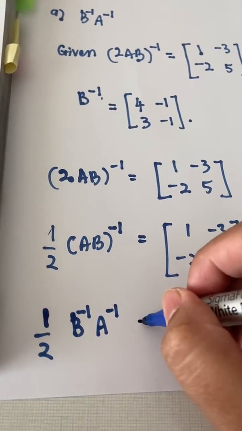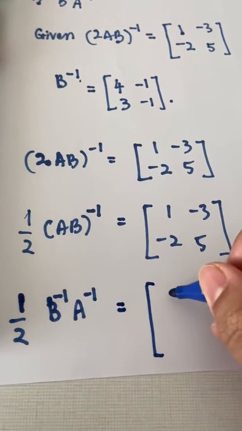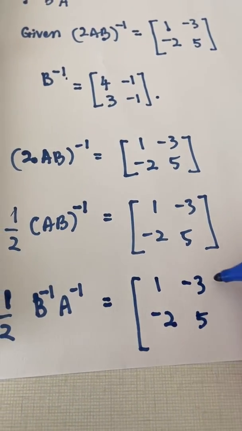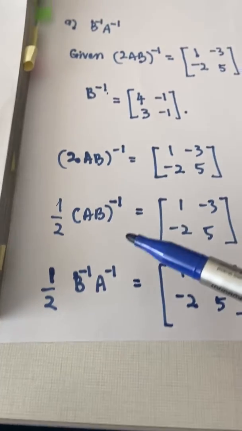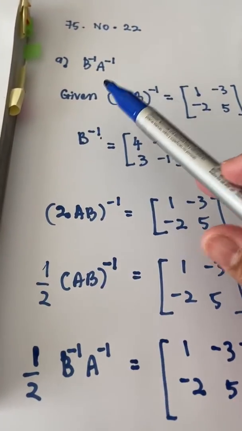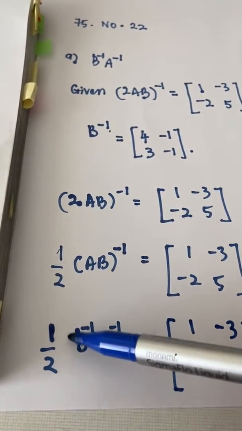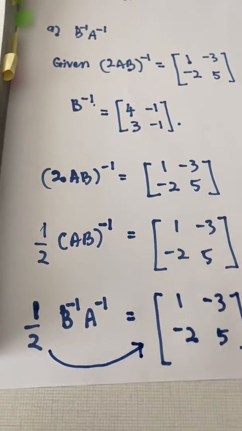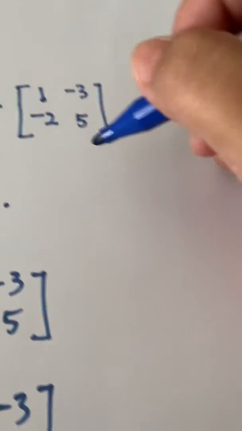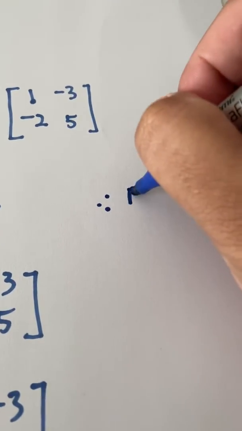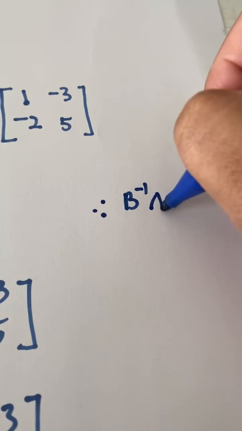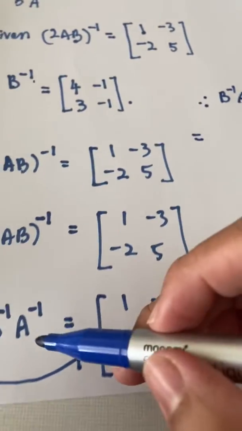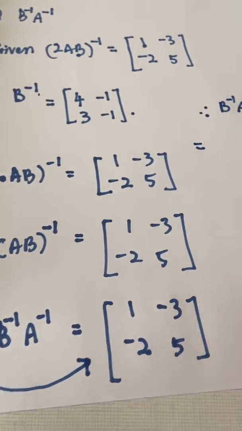Okay, so this one still lagi sama. So we write down the matrix. Okay, so here dah ada dah dapat. So yang you tak nak ada this one. So yang ni you akan bawa ke sebelah. So you akan multiply. Okay, so your answer B inverse, A inverse is equal to, so 1/2 buat sebelah, dia akan jadi 2 lah.